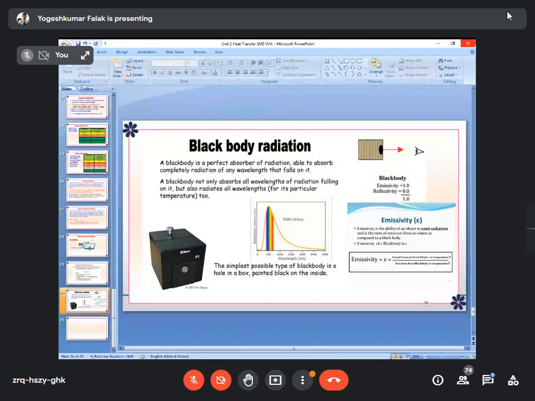The simplest possible type of black body is a hole in a black box, painted black on the inside. I think you know that experiment. Emissivity is equal to the actual emission of an object at temperature T divided by the emission of a black body at temperature T. This is the formula of emissivity. Generally, emissivity is given in the problem statement, so you will not need to calculate it.